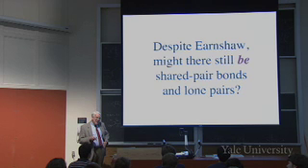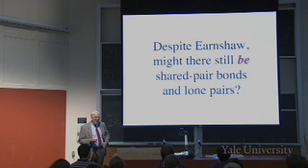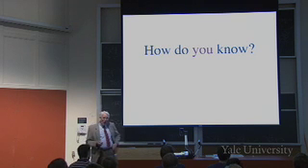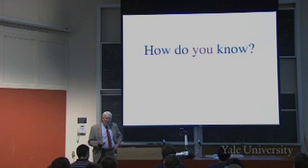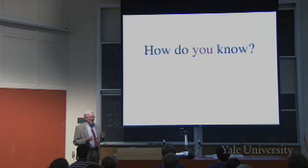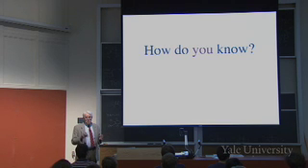Might there still be shared pair bonds and lone pairs? What are bonds? That's what we're going to try to find out. How are we going to know whether there are electron pairs shared between atoms and lone pairs on atoms? How can we find out?